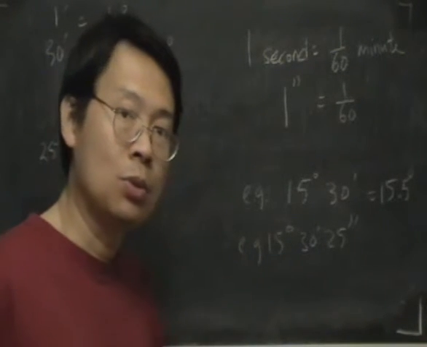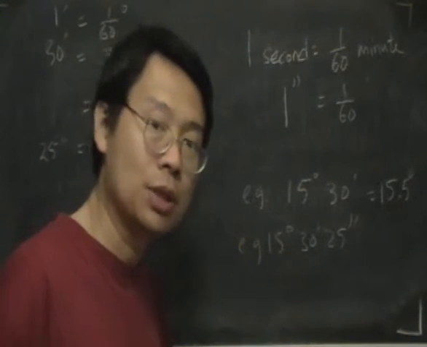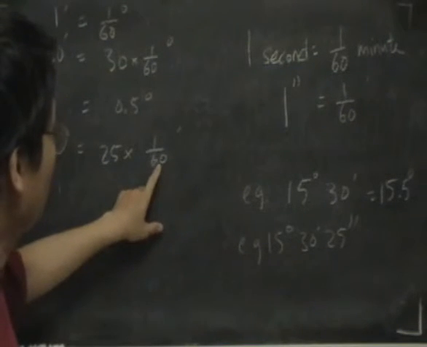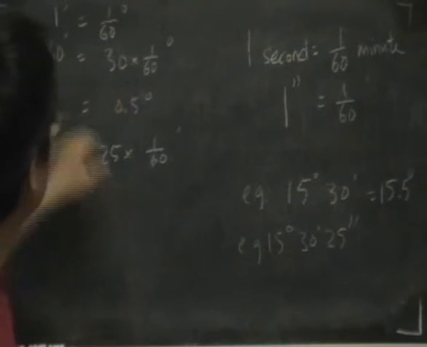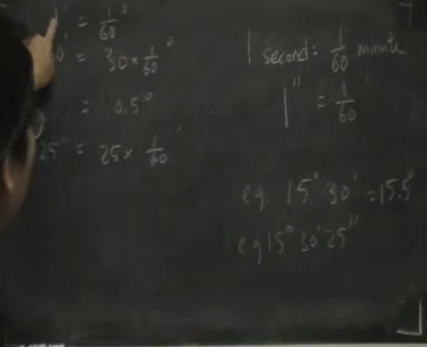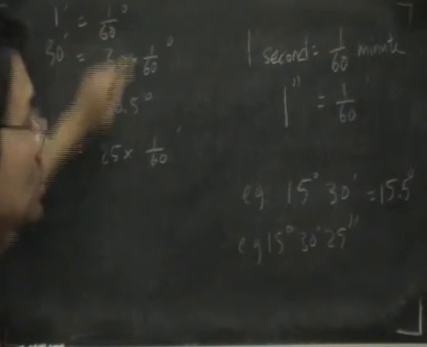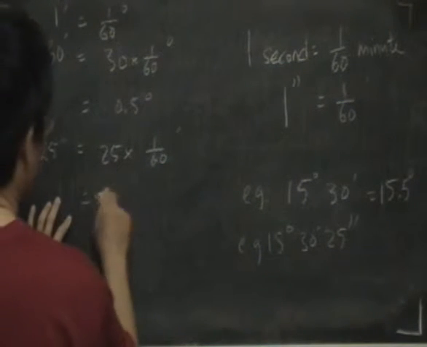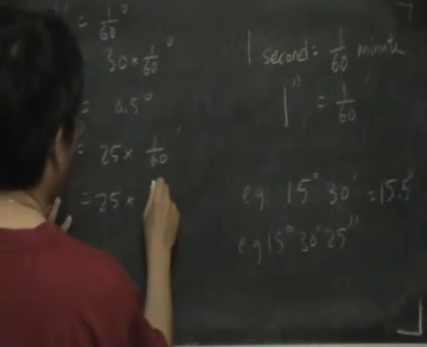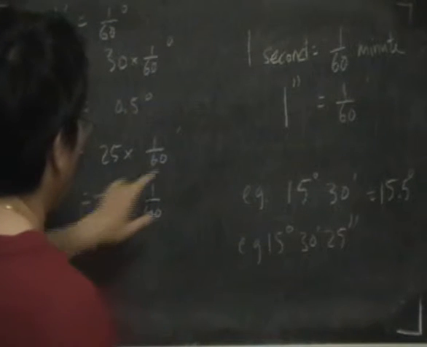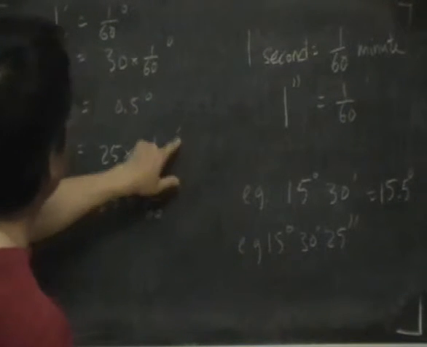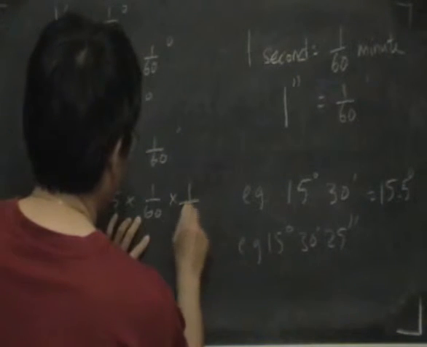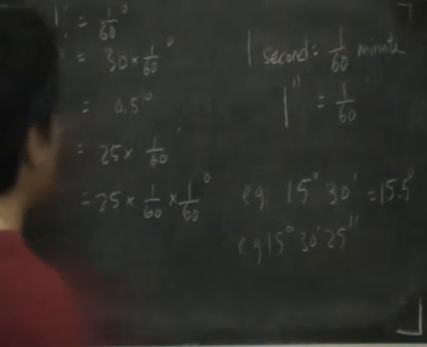If I now want to convert this to degrees, I need to convert the minute to degrees. So I would make use of that relation, that 1 minute is 1/60th of a degree. So I would say this is 25 times 1/60th of a minute, and the minute is in turn 1/60th of a degree, so I multiply by 1/60th of a degree.